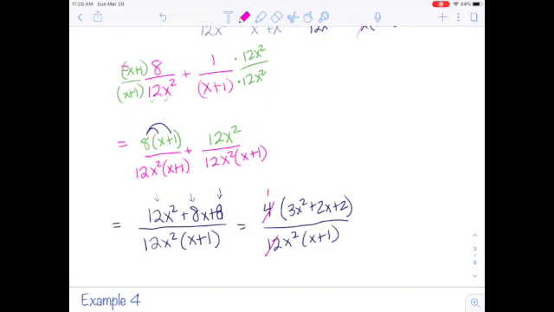So the 4 and the 12, that goes down to 1 and a 3. So my final answer, we've got 3x squared plus 2x plus 2 divided by 3x squared times x plus 1. And that's just as long as x does not equal 0 or negative 1.